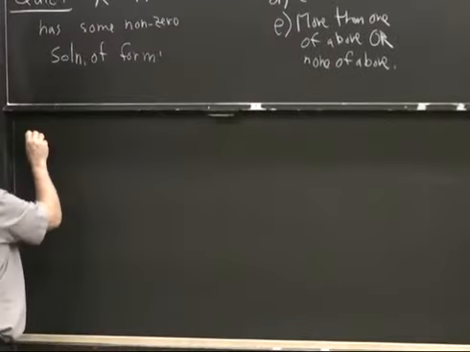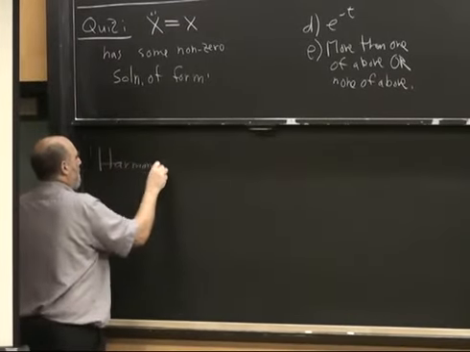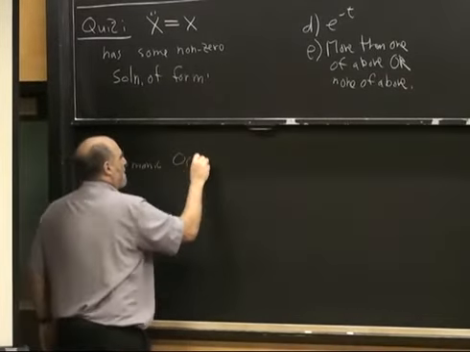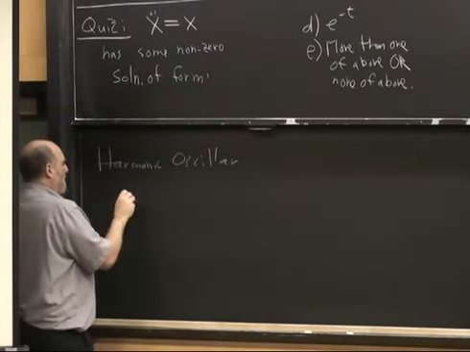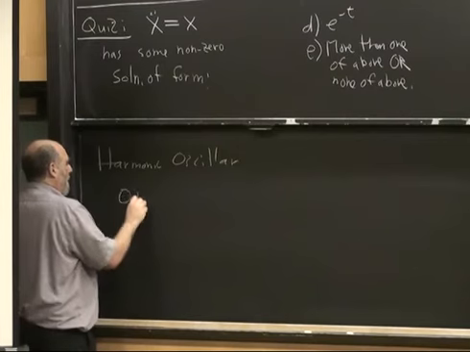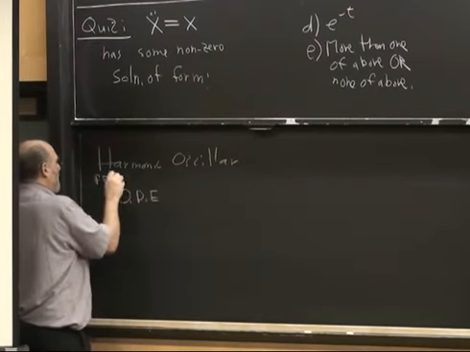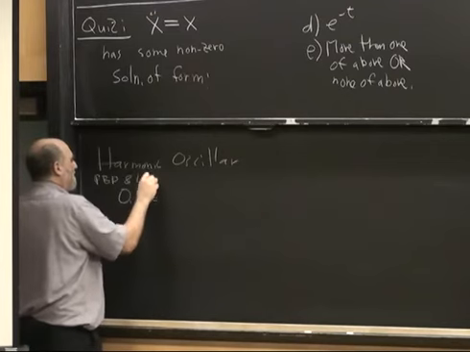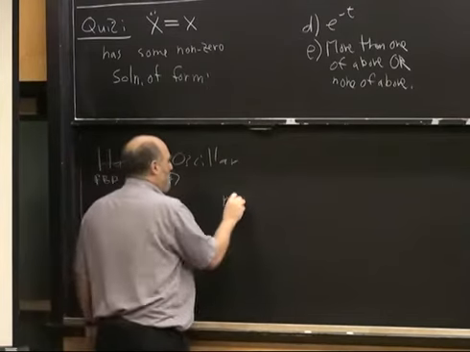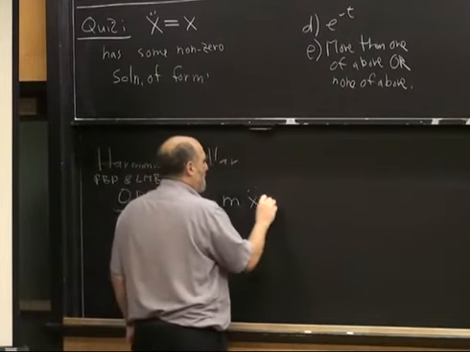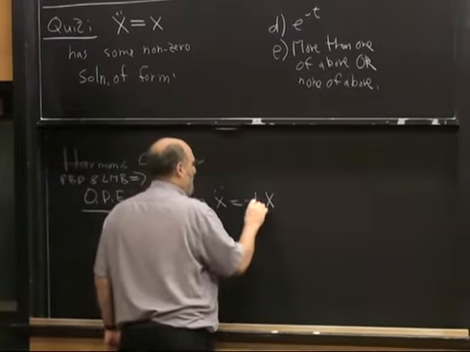So let's look at the harmonic oscillator. What we had was the governing equation, which came from the free body diagram and from linear momentum balance. It gave us a differential equation, which was mx double dot is equal to minus kx.